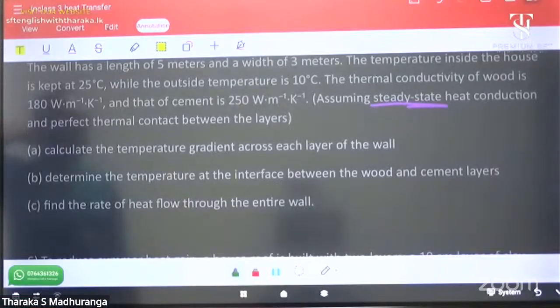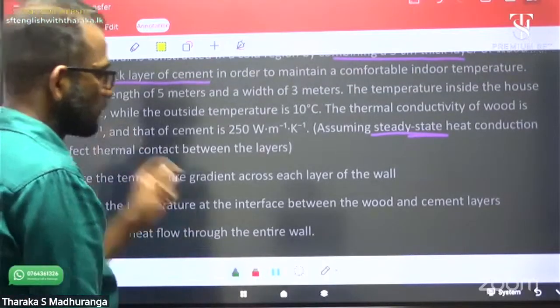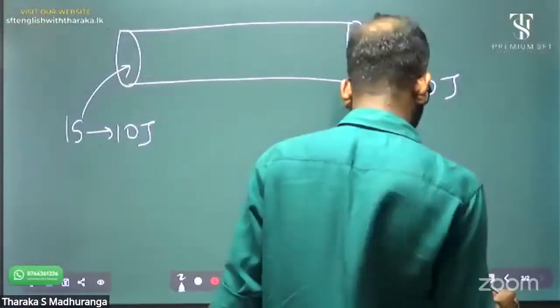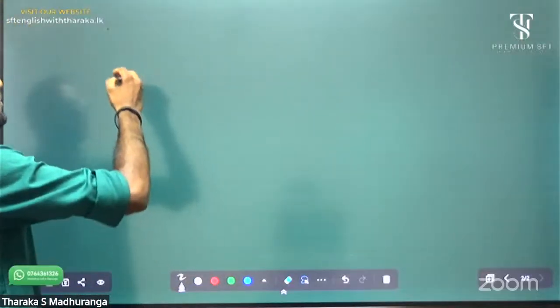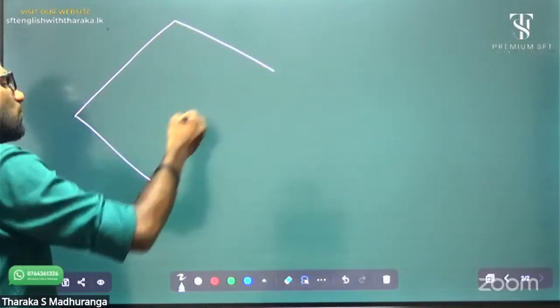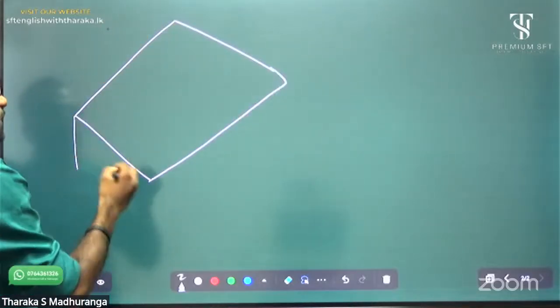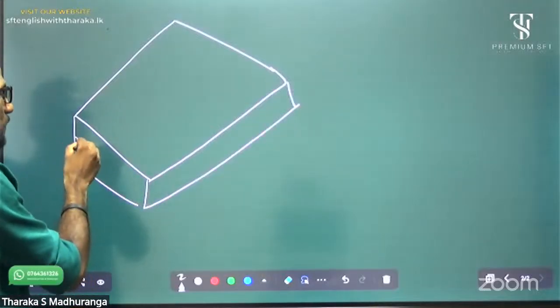Calculate the temperature gradient across each layer of the wall. Okay, temperature gradient. Before that, we can draw a diagram of this wall, right? This is a composite wall, and it has 2 layers like this.